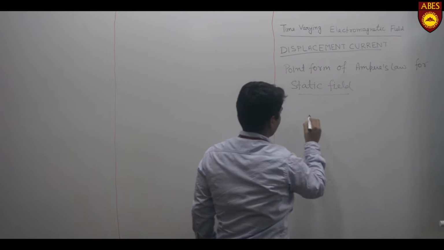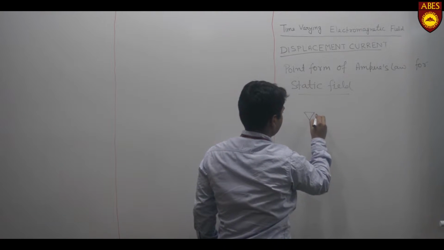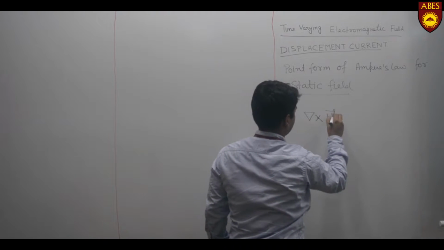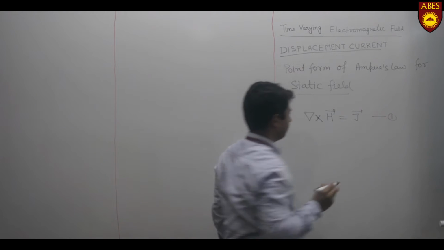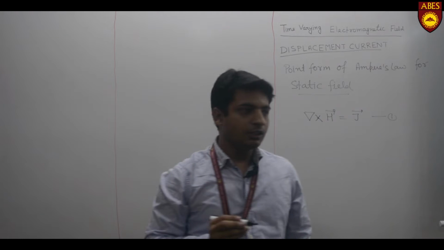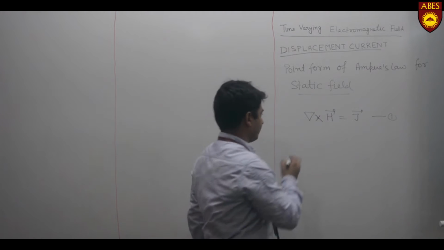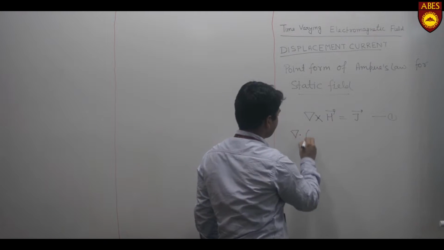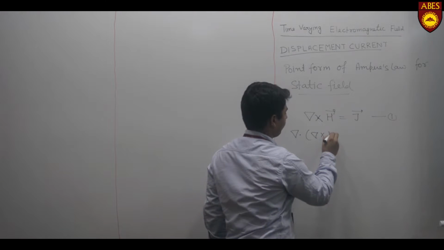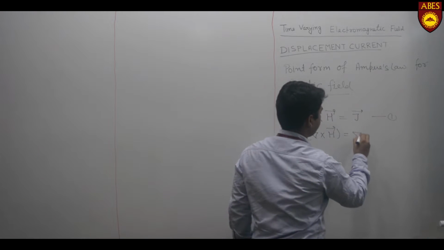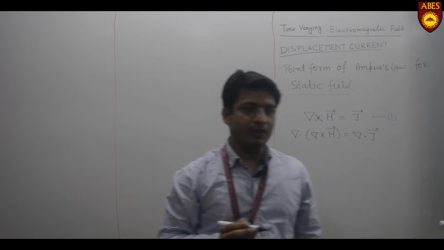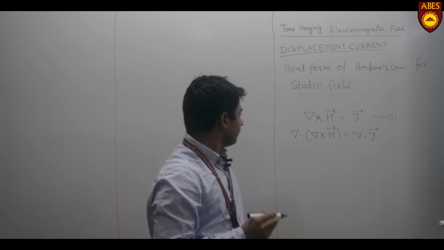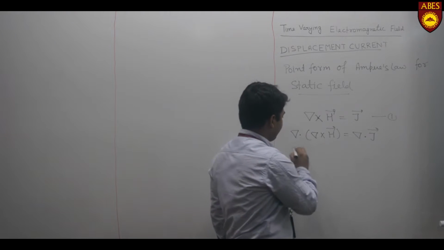We know the point form is curl of H equals J. This is for the static field. Now take the divergence of this equation, then we get divergence of curl of H is equal to divergence of J. But from the vector identity we know that the divergence of curl of any vector is 0.